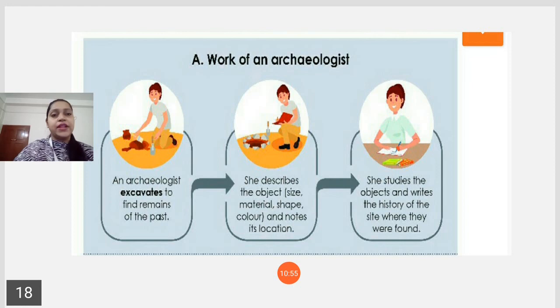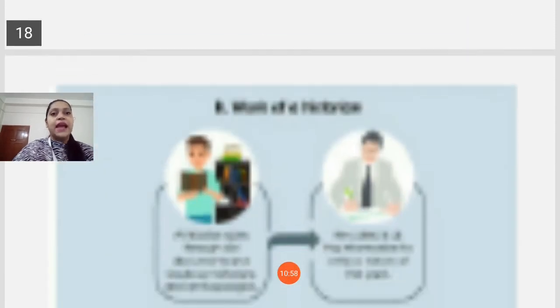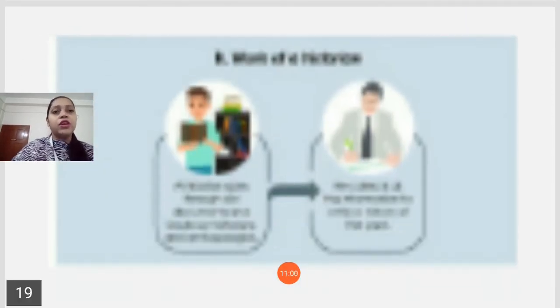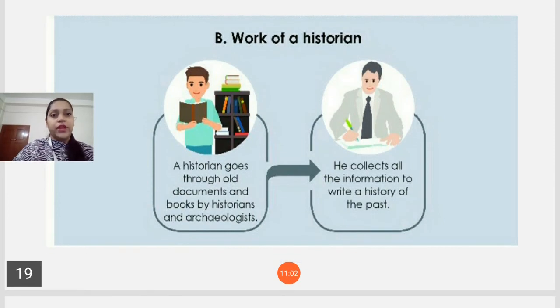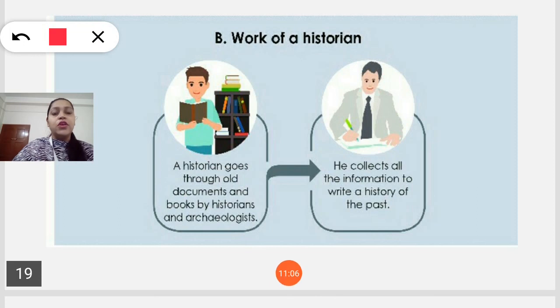Then we have, children, this is the work of an archaeologist, and then we have the work of a historian. Yes, children, the work of a historian. And what does a historian do? A historian goes through old documents and books by historians and archaeologists. He collects the old documents, whatever the archaeologists or the previous historians have written in the form of books or notes.